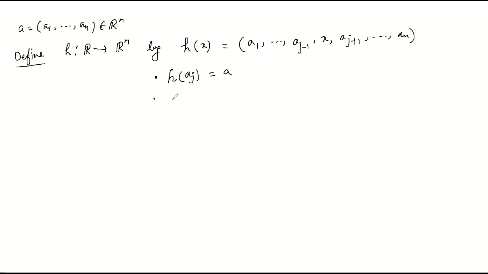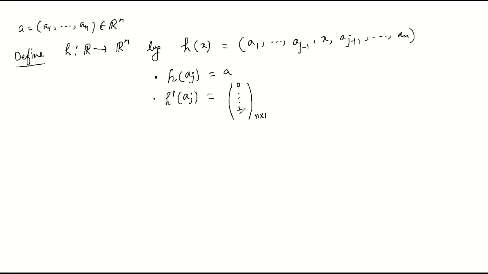Second, h is differentiable on R, and h prime at aj is the Jacobian matrix of h at the point aj, and that is the matrix of order n cross 1, and the matrix is given by 0, and so on.